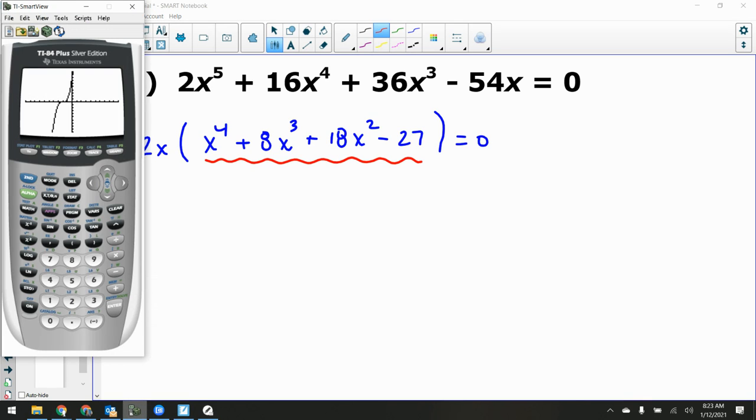So let's see what happens here. We got x to the fourth plus 8x cubed plus 18x squared minus 27. Graph.